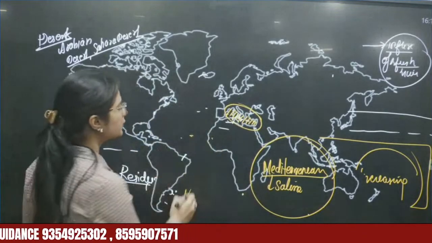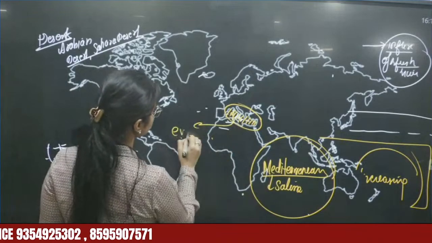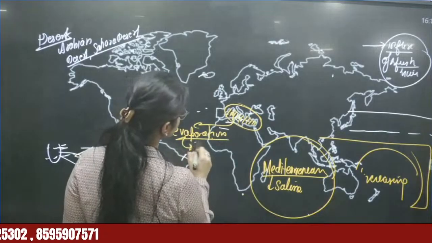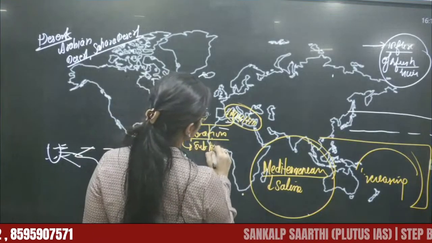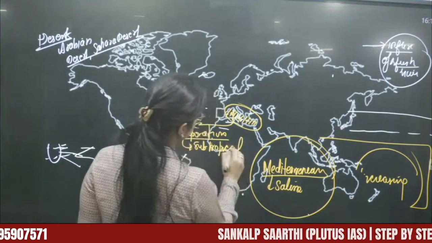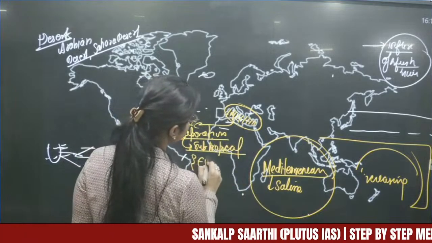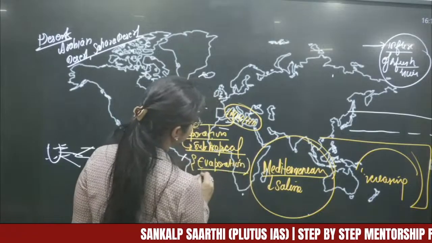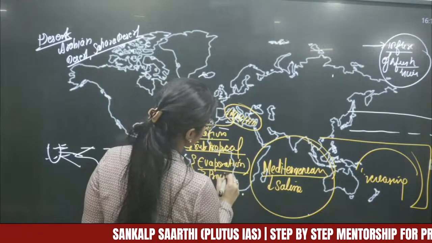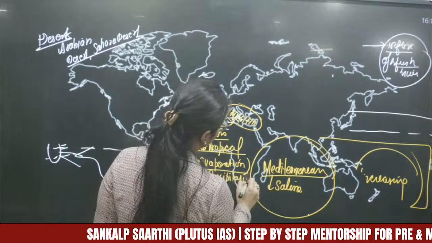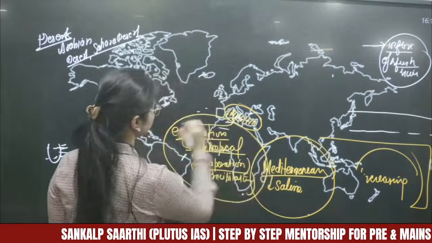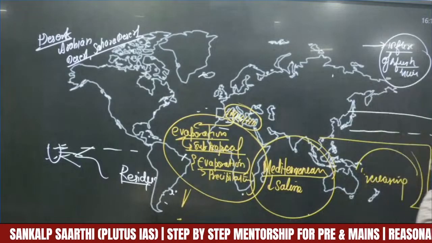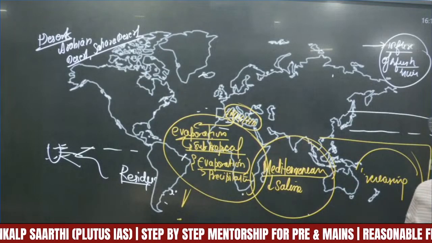Reason being, evaporation is more, lying in the tropical and subtropical regions. Factor: evaporation is more, and therefore the salinity is more in this area. You can take the example of the Mediterranean Sea as well.